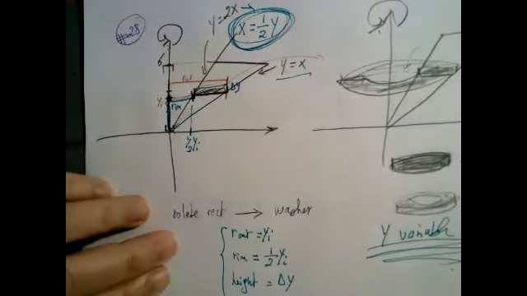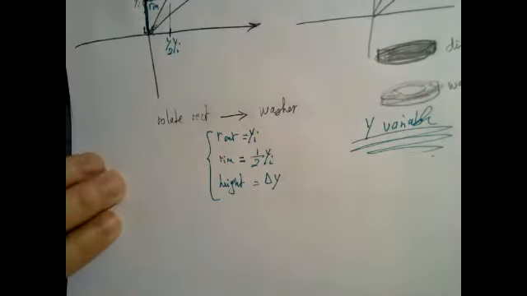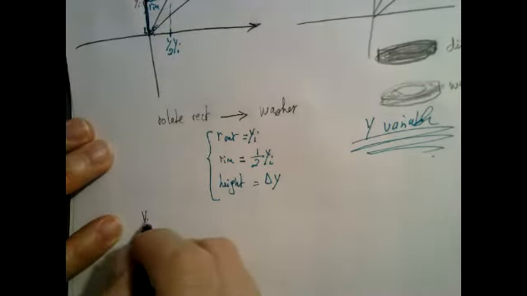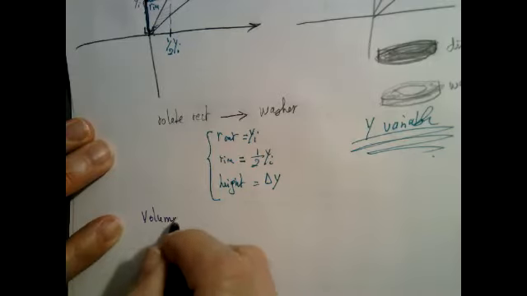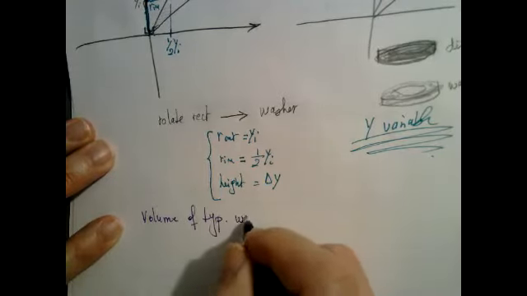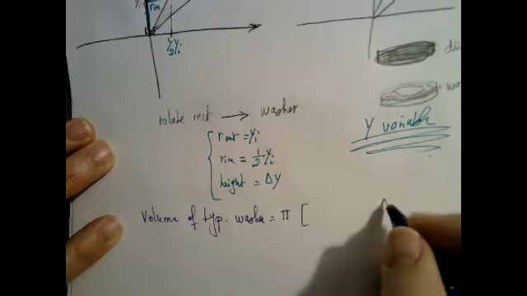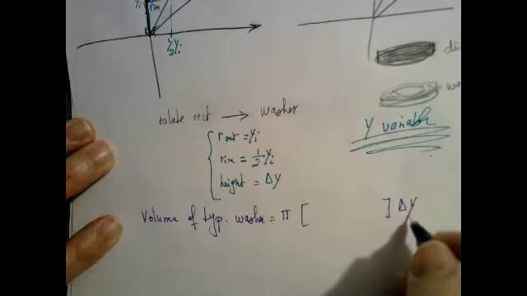Now I am done. Basically, once we figure out those, there is nothing more to the problem. So the volume of a typical washer is pi times delta y, my variable.